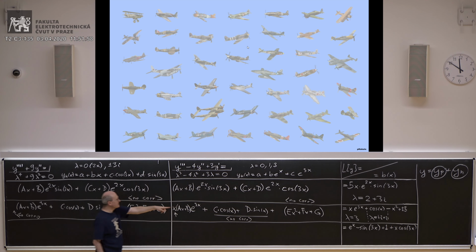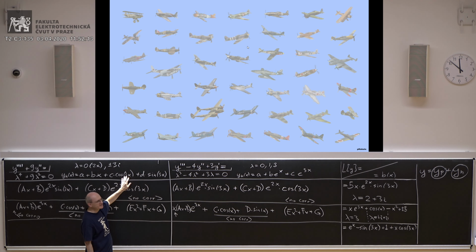How about here? Lambda equal to i. I don't see it anywhere, so there is no correction here either. Also, I don't see any cosine here. There's cosine 3x, but that's a different frequency. So that's a different behavior.